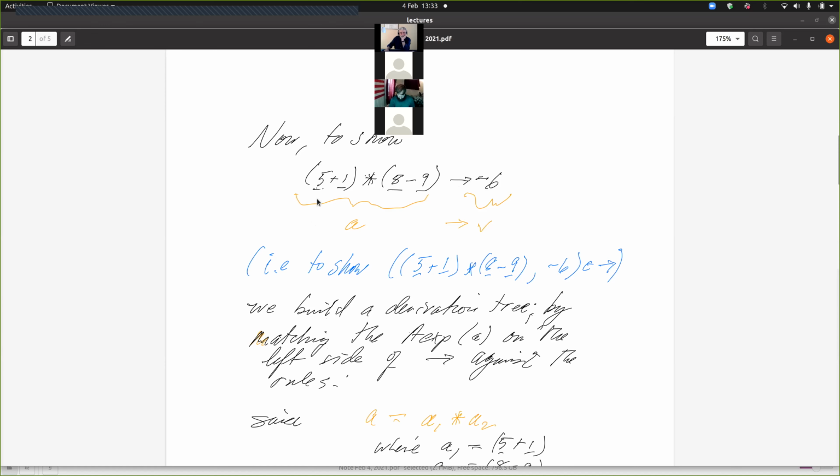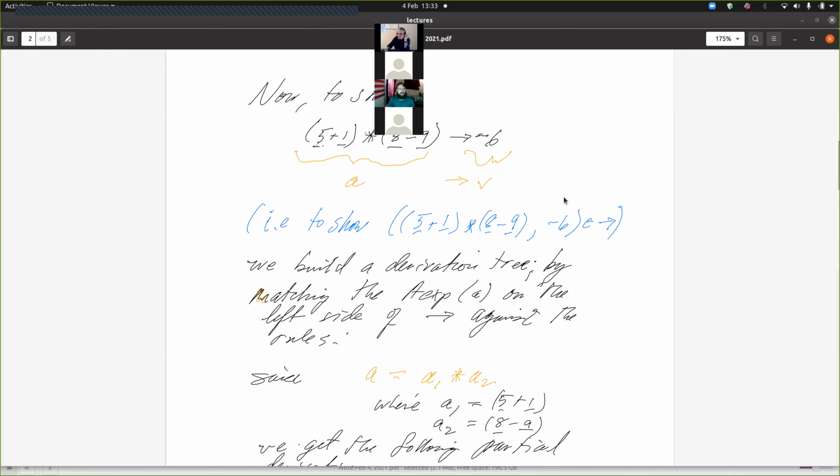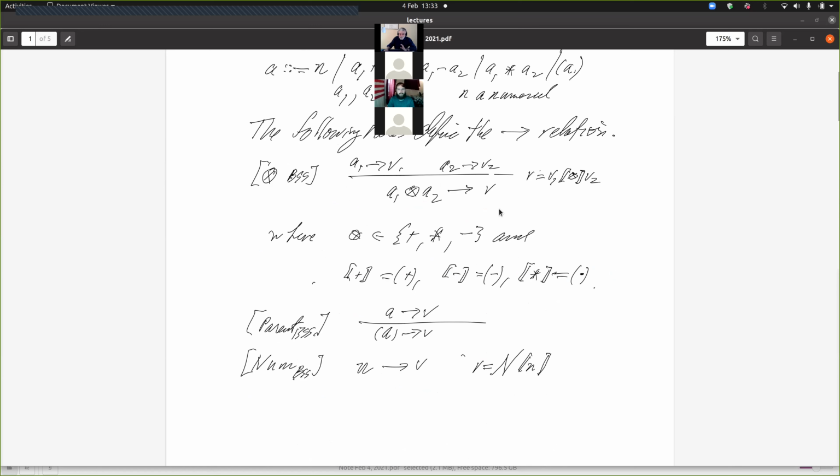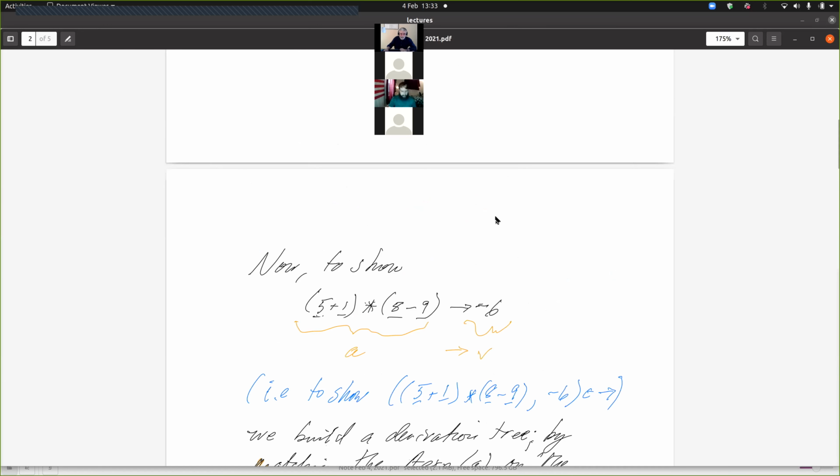And if I want to show that the numeral 5 added to the numeral 1 in parentheses, times the numeral 8 minus the numeral 9 in parentheses, evaluates to -6, I have to build a derivation tree using these rules. These rules are defining what the meaning is of this arrow relation.